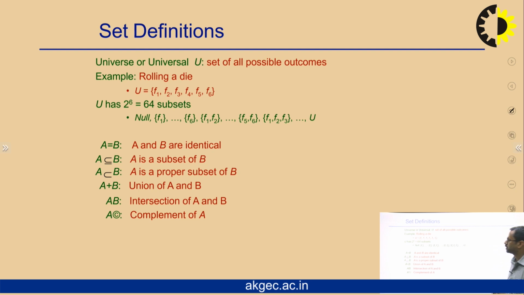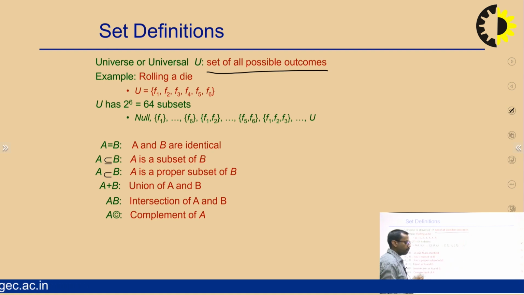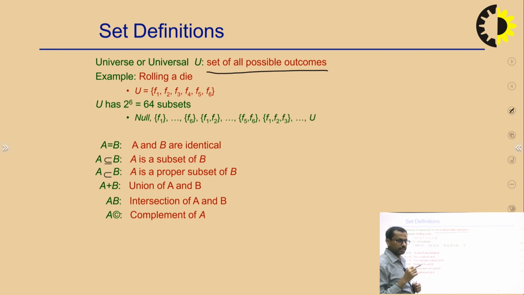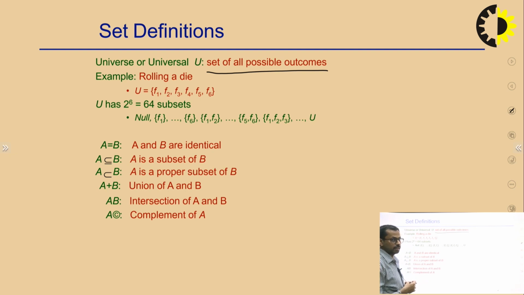Set definitions. Universe or universal set U is the set of all possible outcomes. For a particular set, there is a universal set U. All the possible cases or set elements that can be generated are the universal set.